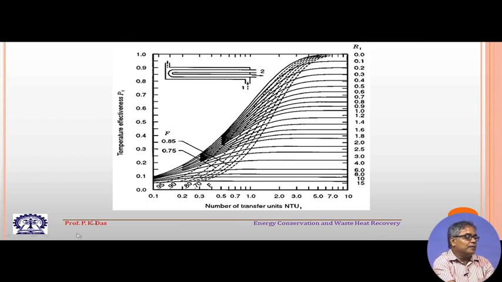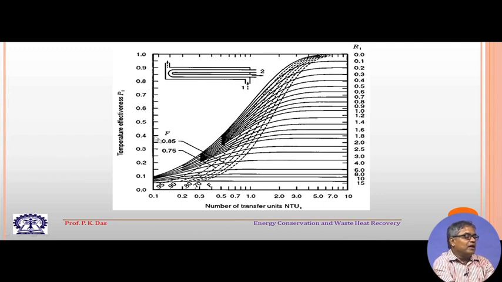This is P, these R's are typical curves for different values of R, and then this is the value of your number of transfer units or NTU.